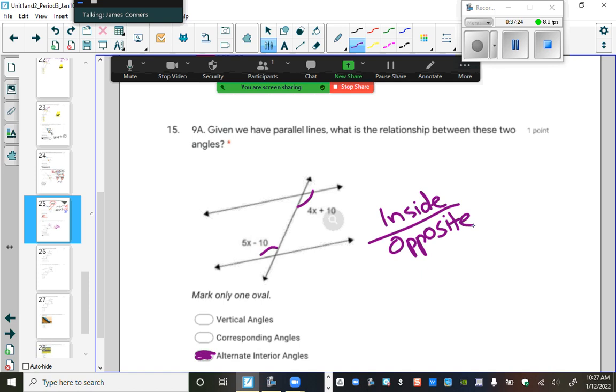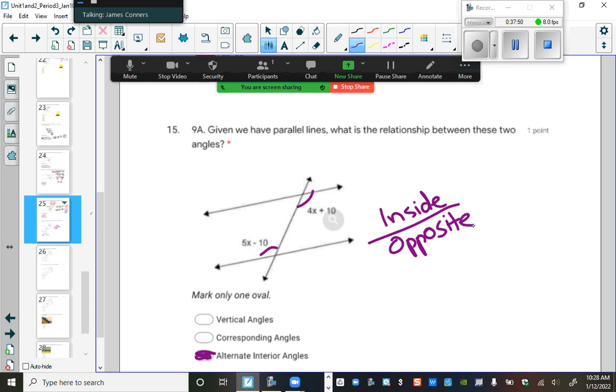Not necessarily. Not alternate interiors. Okay, so then they add up to 90. They're not going to add up to 90 either. I'm going to be careful when we solve for x. I'll be careful with this problem, but only because given this problem, we might have something else going on here.